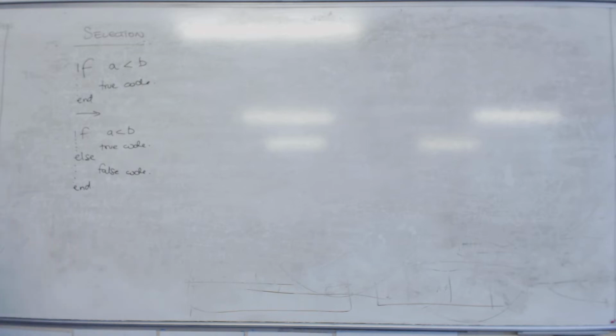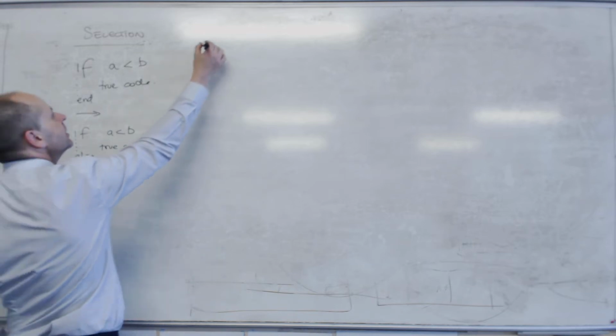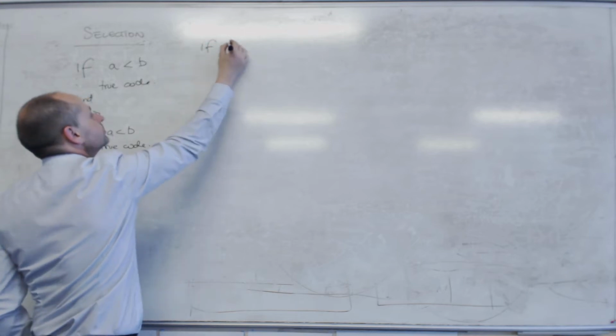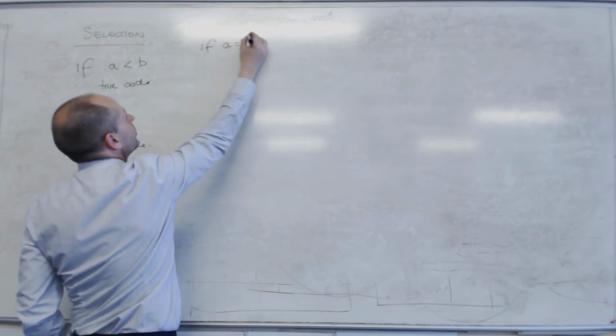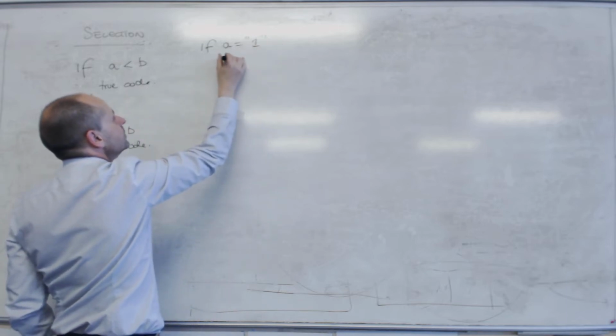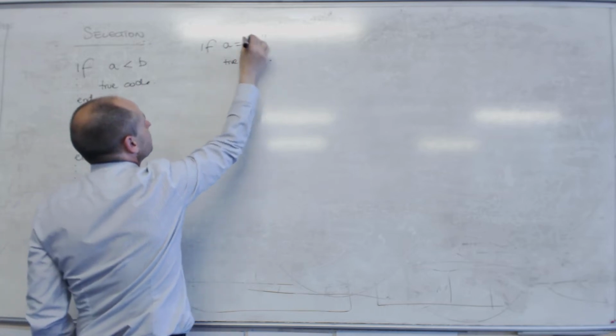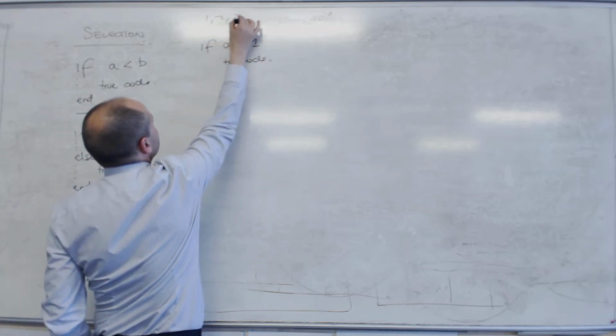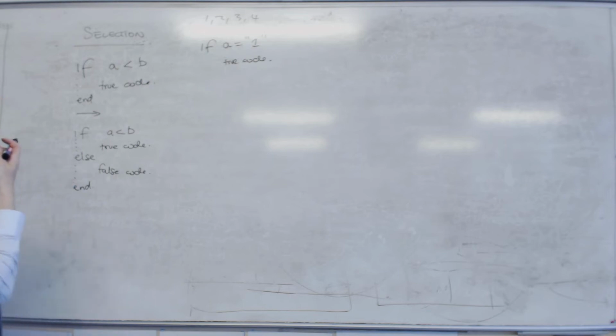Right, you might have multiple questions that you need to ask. So there's like four different choices you have. So you might say, if A equals 1, then do... so you might have a choice on a menu of four choices.